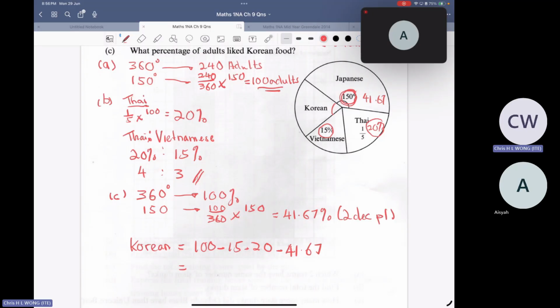So it's 100 minus 15 minus 20 minus 41.67 gives you 23.33%.